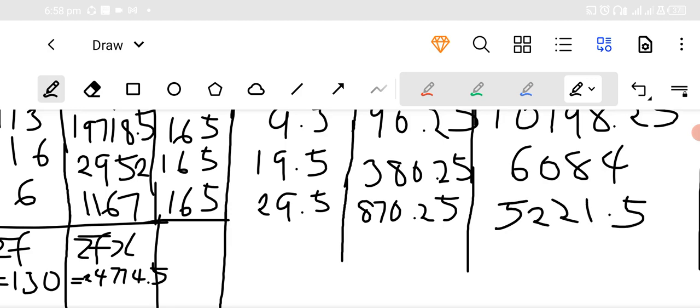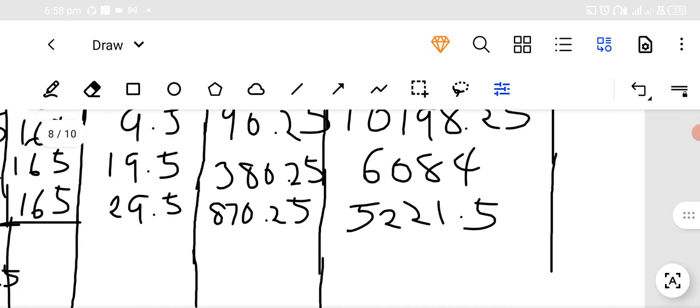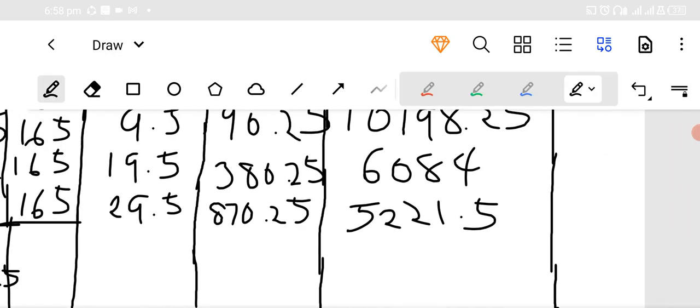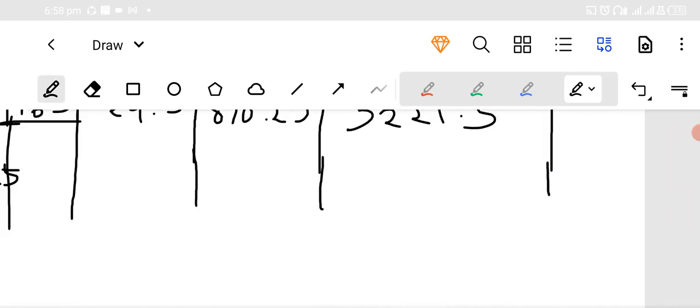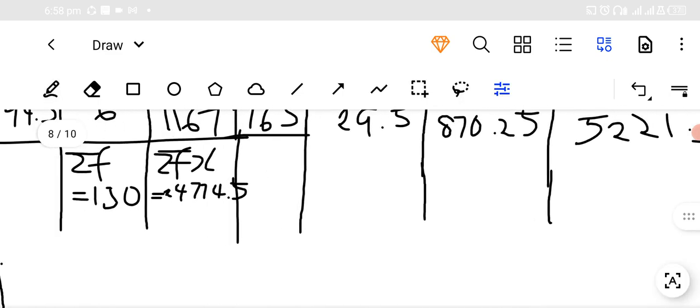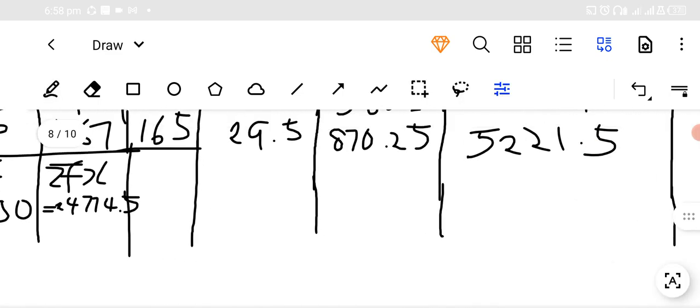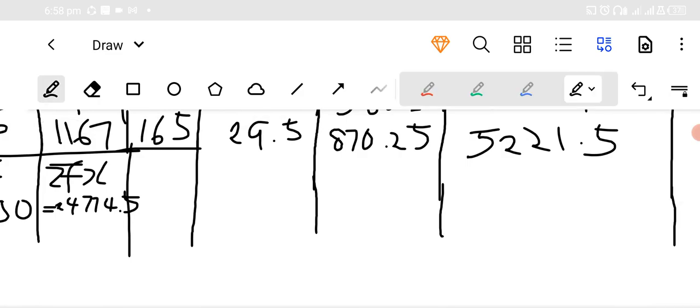Okay. So for future videos, we'll just be using the other method. I'm using this method because we need to be used to seeing all methods being used.